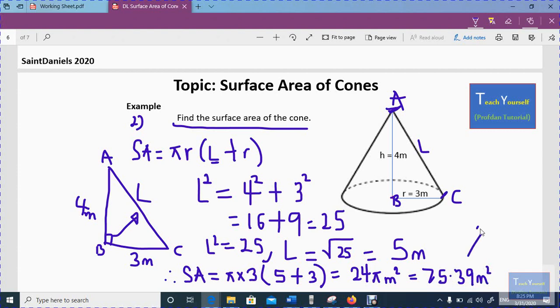To the nearest tenth, like I explained earlier, one value after the decimal point, consider the next number, 9. 9 is a number greater than 5. Therefore, it turns to 1. Add 1 to this 3. It becomes 75.4 meter squared. And that is how to find the surface area of a cone.